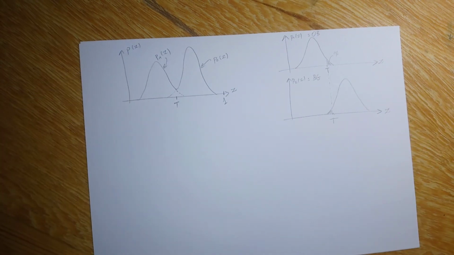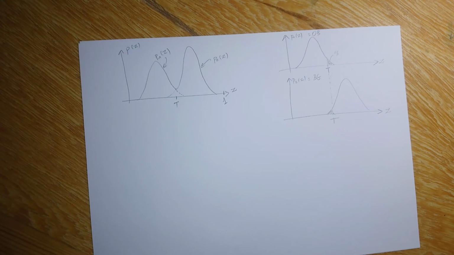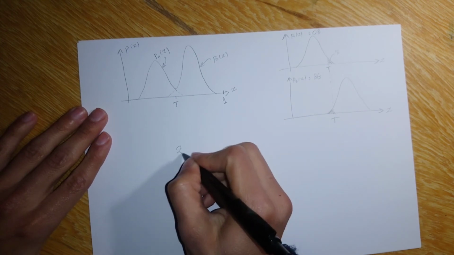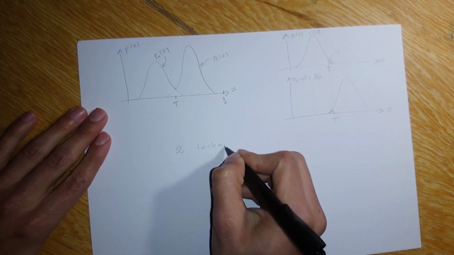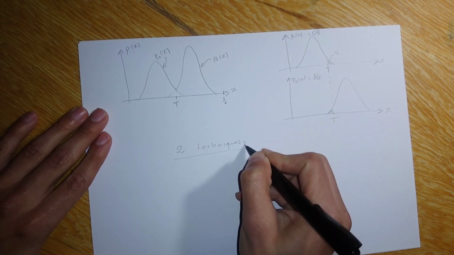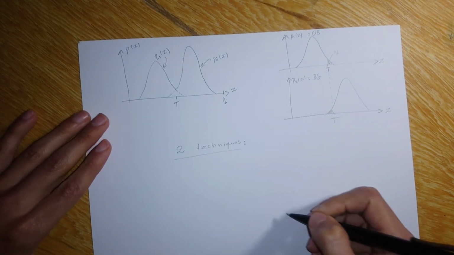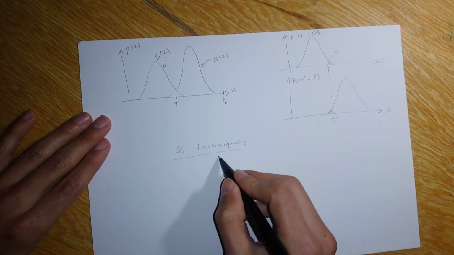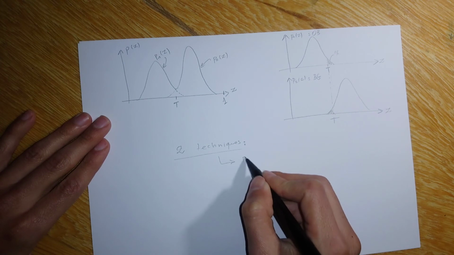So I'm going to discuss two techniques for that. The first is analytical. There are more techniques, of course, but these are the most used ones, especially the Otsu technique, that I'm going to also explain.